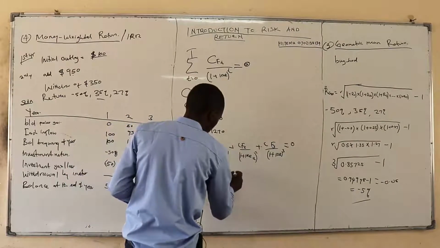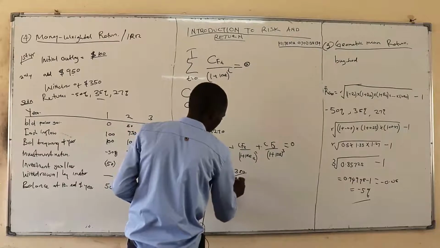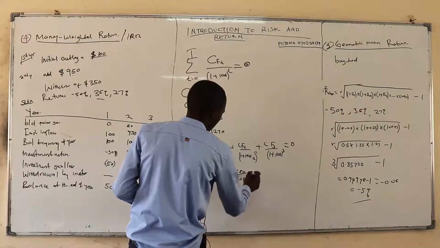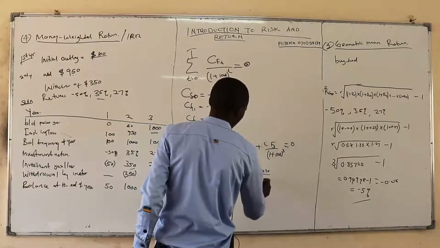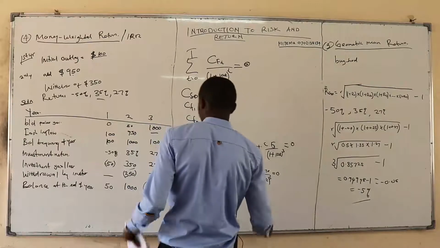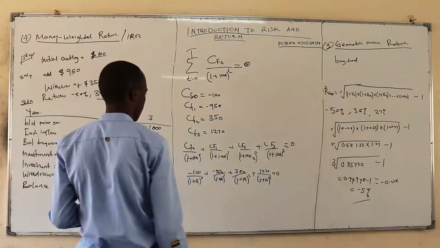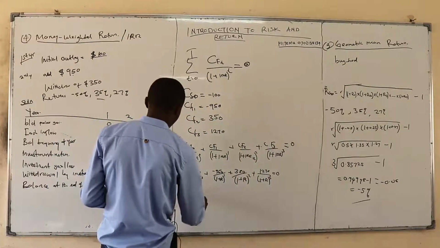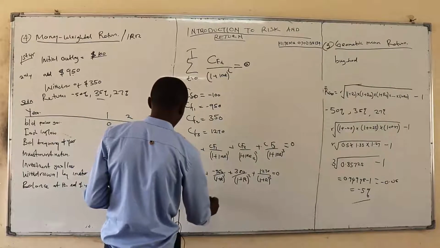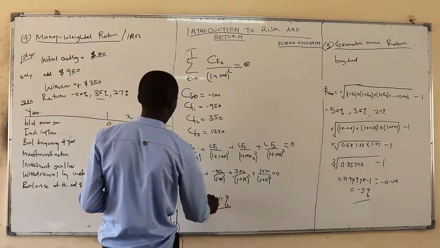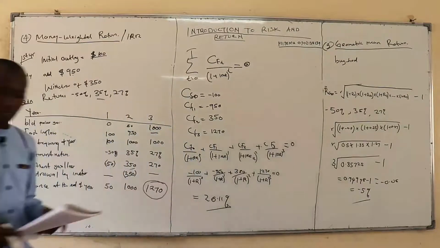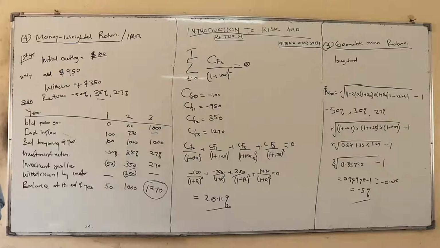Another cash flow is 350 over 1 plus R raised to power 2, plus another cash flow of 1,270 over 1 plus R raised to power 3, then you equate this to 0. Then after that, you find your answer as 26.11% return. So this kind of investment is going to give you a return of 26.11%.